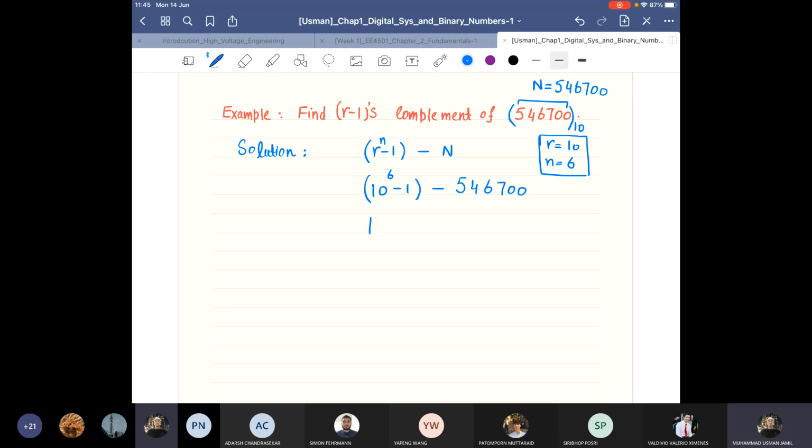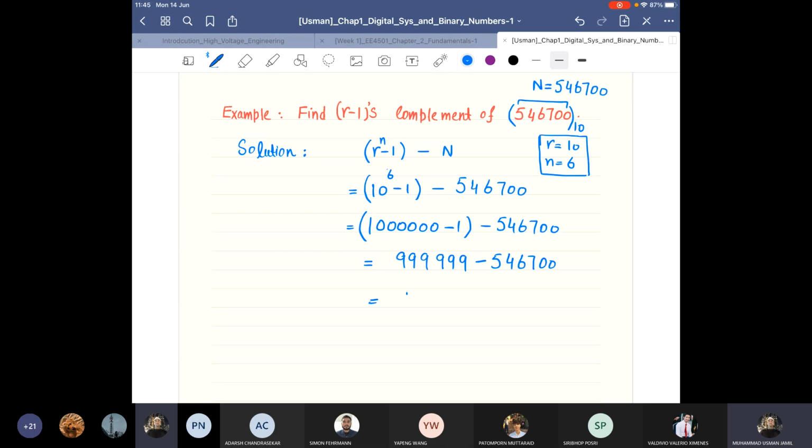So it is 1 followed by six zeros, minus 1, minus 5, 4, 6, 7, 0, 0, which is equal to 9, 9, 9, 9, 9, 9 minus 5, 4, 6, 7, 0, 0.